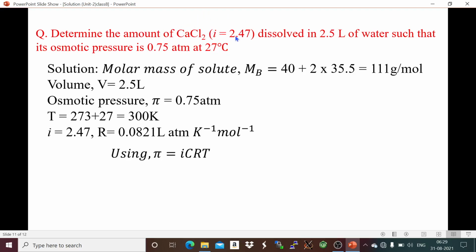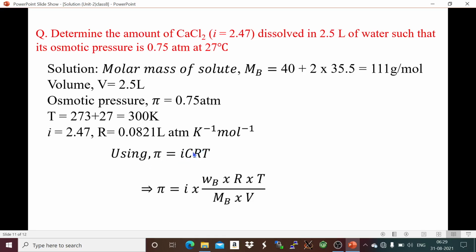Due to abnormal molar mass, the colligative property value will change, and we introduce the Van 't Hoff factor. For those solutes that undergo association or dissociation, we introduce the factor i. And in case of a solute which does not undergo any association or dissociation, we directly write pi is equal to CRT.